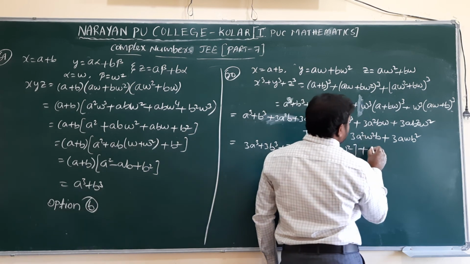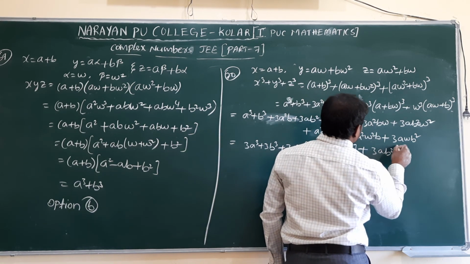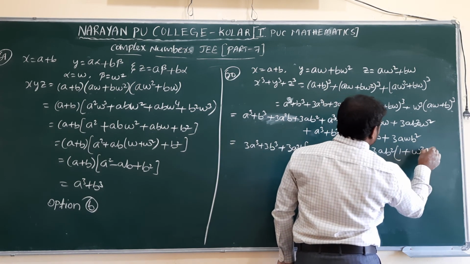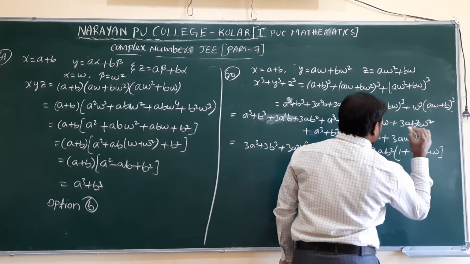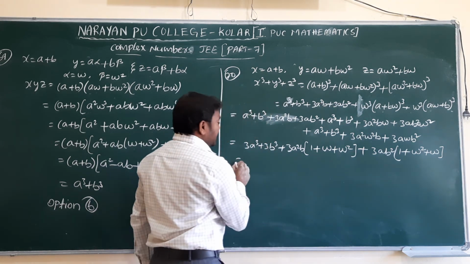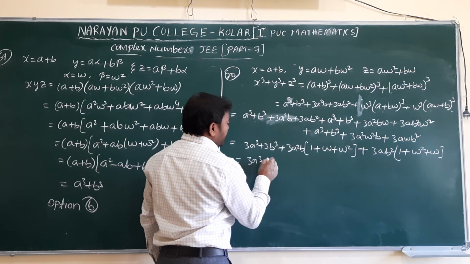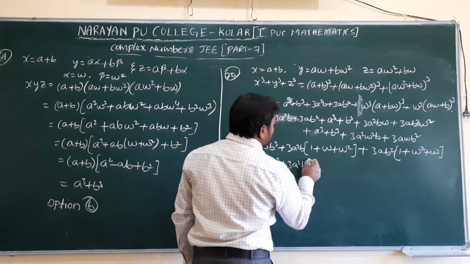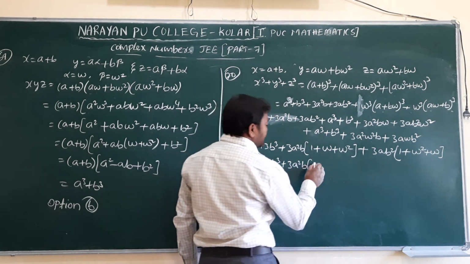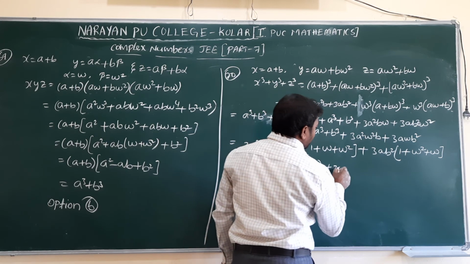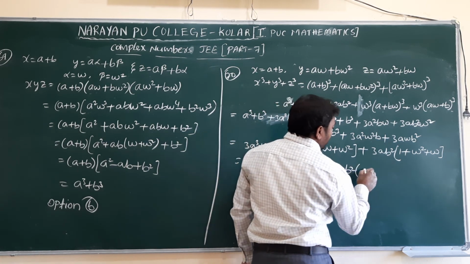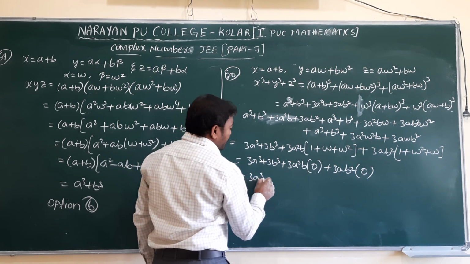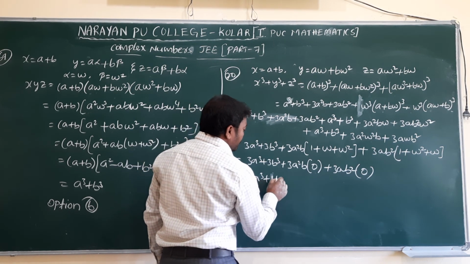Again we have to take common 3ab square, so 1 plus omega square plus omega. So 3a cube plus 3b cube plus 3a square b, we know this value 1 plus omega is 0, plus 3ab square, the value also 0. What are we getting here? 0, so 3a cube plus 3b cube.